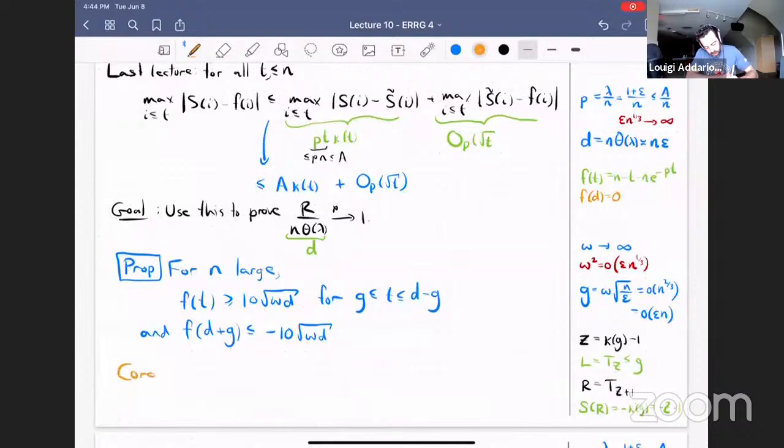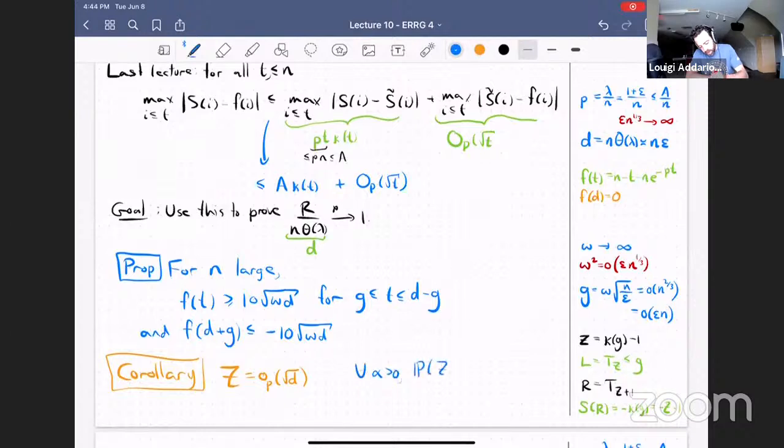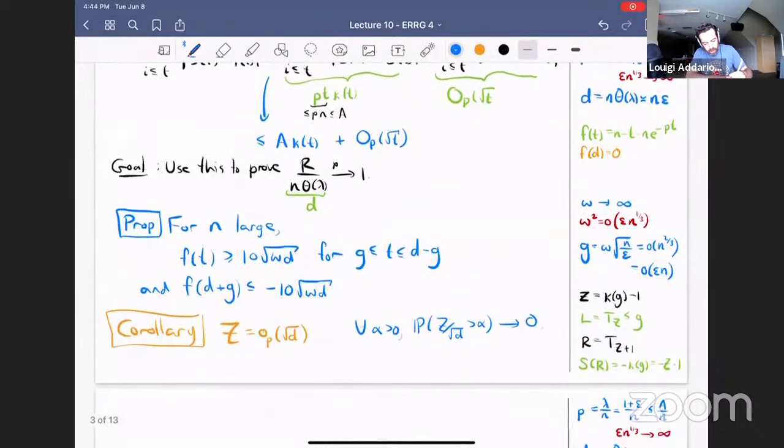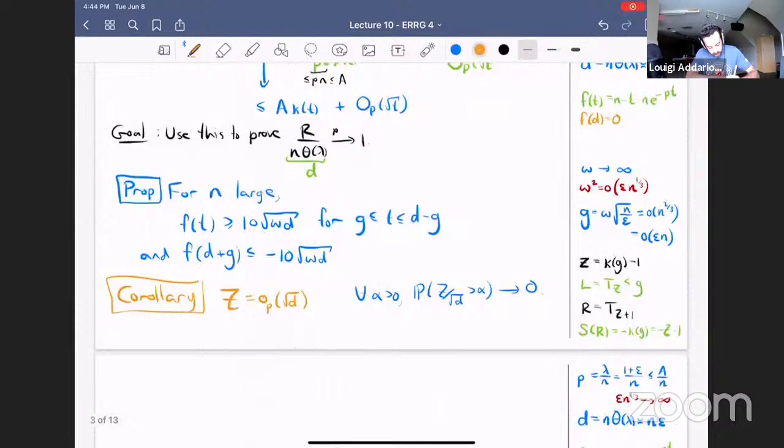Okay, so I'll state it as a corollary. z is little o of root d in probability. Which means that for any alpha greater than 0, the probability that z over root d is bigger than alpha tends to 0 as n tends to infinity. Okay. So the proof of this isn't hard.